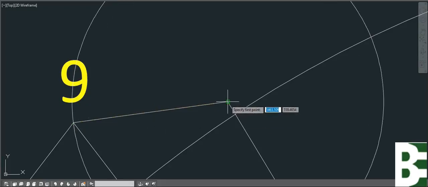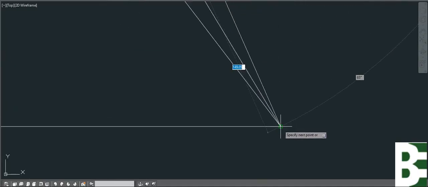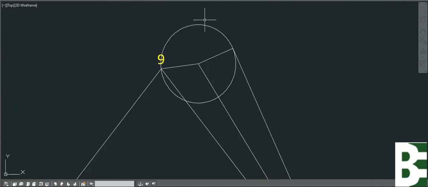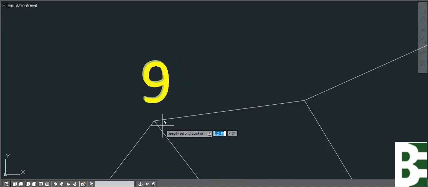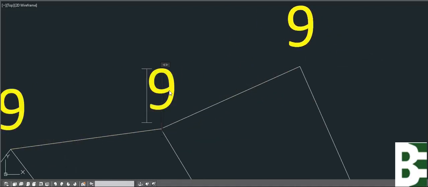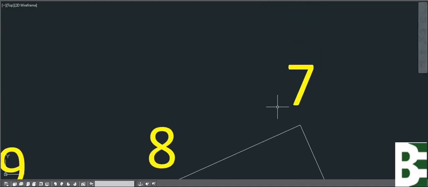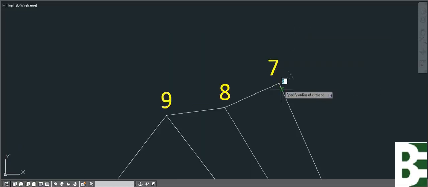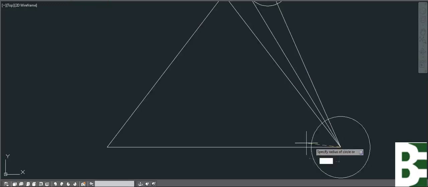The same 19.63, and this one is my number 8, number 7, number 6 and 5. This is my right hand. The points are going like this.